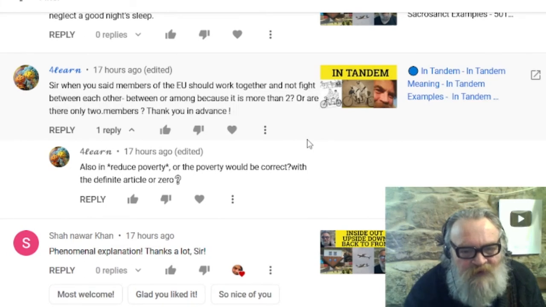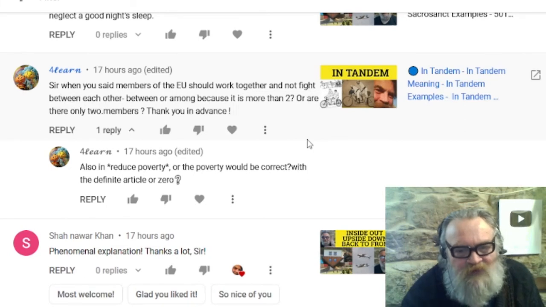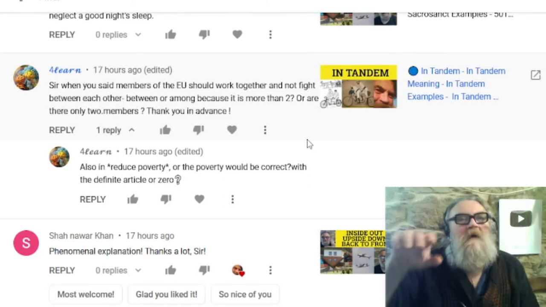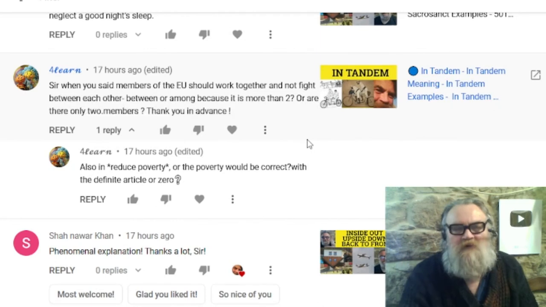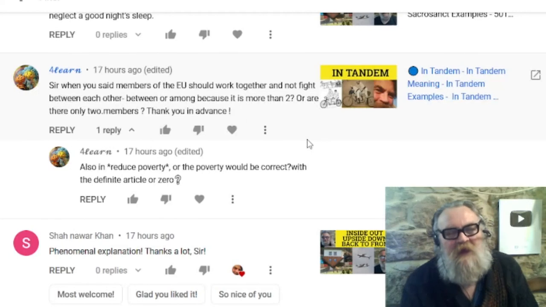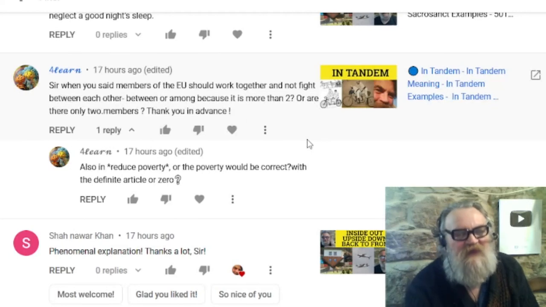Also, in reduce poverty or reduce the poverty would be correct, with definite or zero article. So, my aim is to reduce poverty. No article possible, because I'm talking about poverty in general. It is my aim to reduce poverty in the UK, or the poverty in the UK.